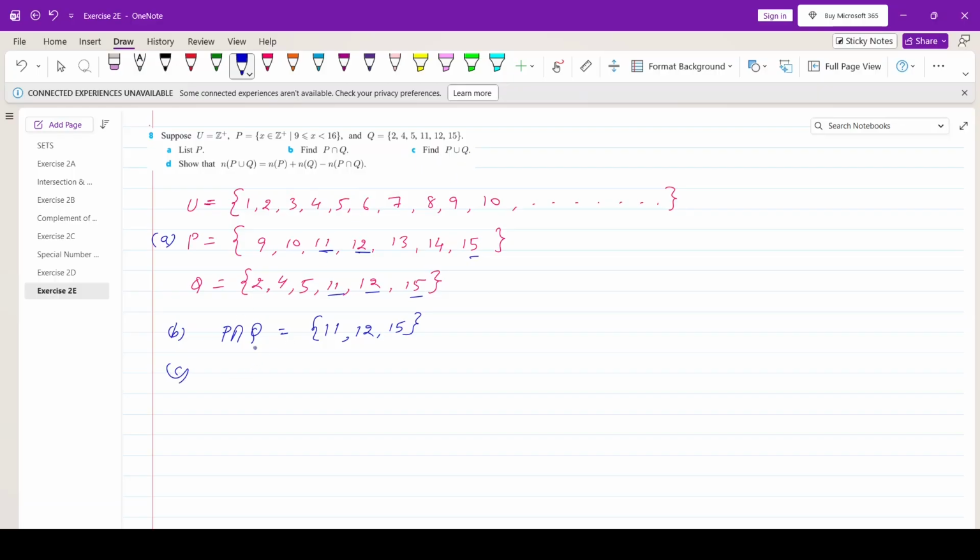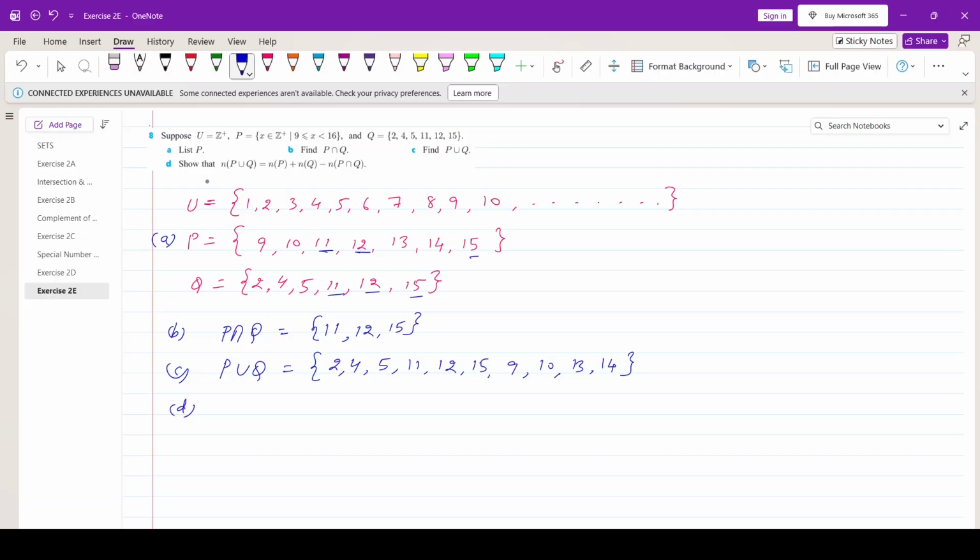C is P union Q. P union Q will be 2, 4, 5, 11, 12, 15, 9, 10, 13 and 14.